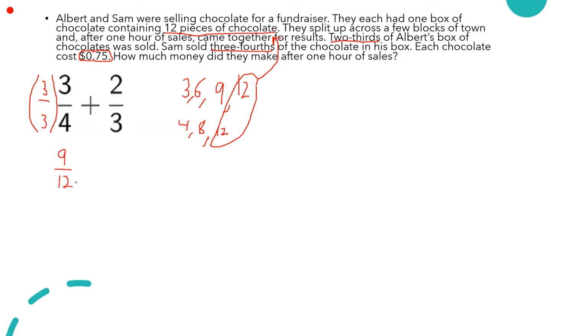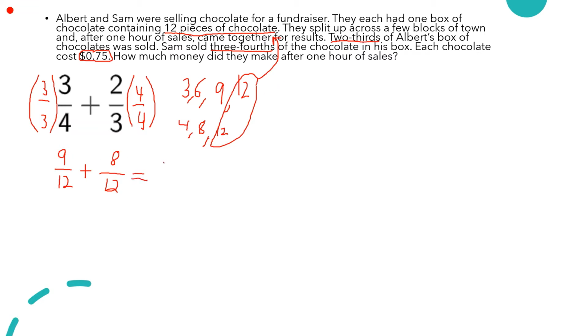So we can determine that Sam sold 9 of the 12 chocolates in his box. And then we can also determine that Albert, when we multiply this by 4/4, because we need to make this denominator 12, 4 times 2 is 8, 3 times 4 is 12. We can determine that Albert sold 8 of the 12 chocolates.